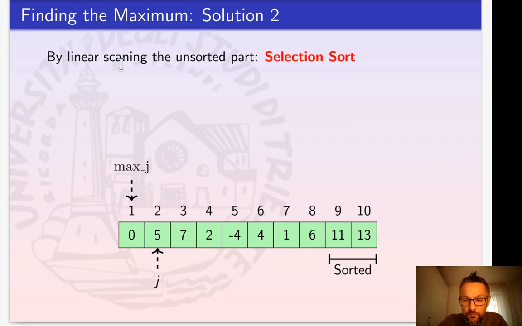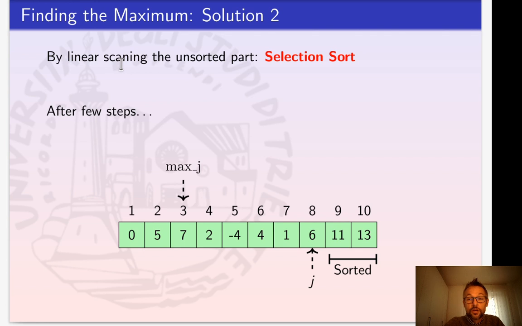At this point it should be moved to position 2. At this point it should be in position 3. Then I get an element which is smaller than the previous one, so I'm not replacing it, and so on and so forth. After a few steps, I end up with the last position I need to deal with, the 8th position.